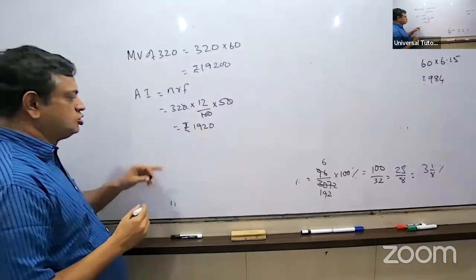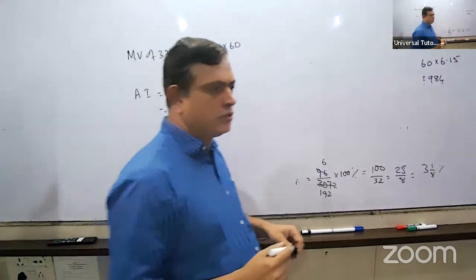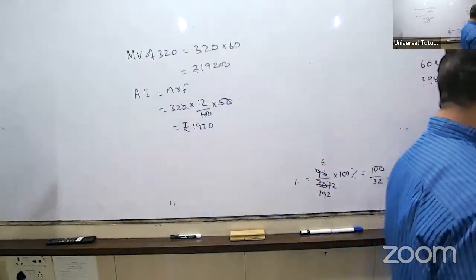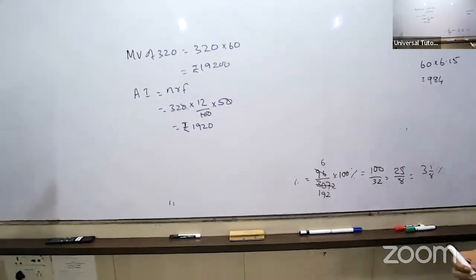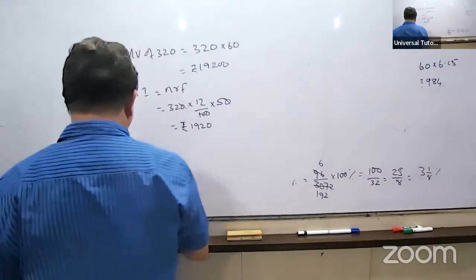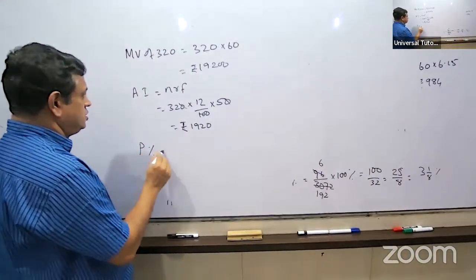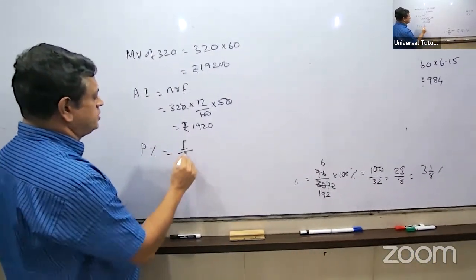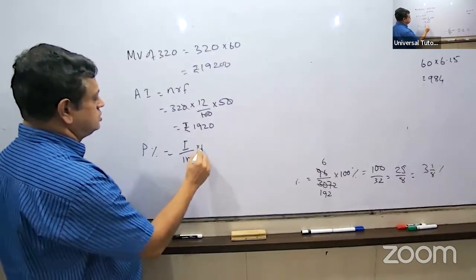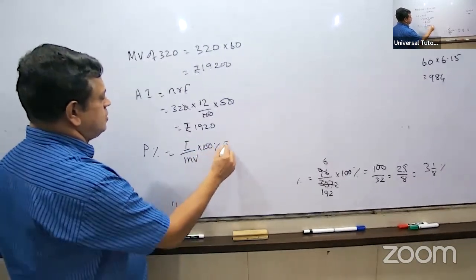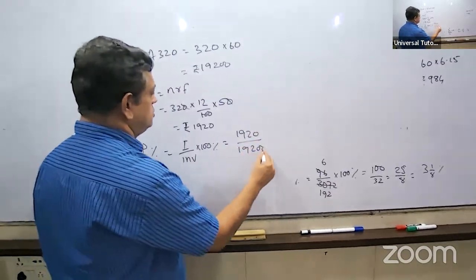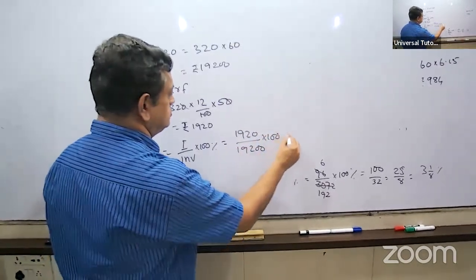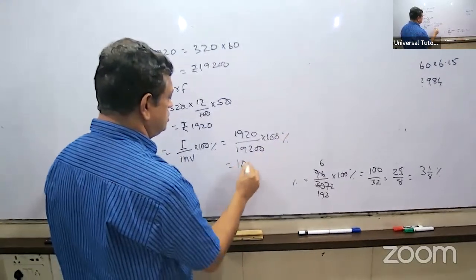Then third part. Profit percent. Income upon investment. 1920 upon 19,200 into 100. Answer is equal to 10%.